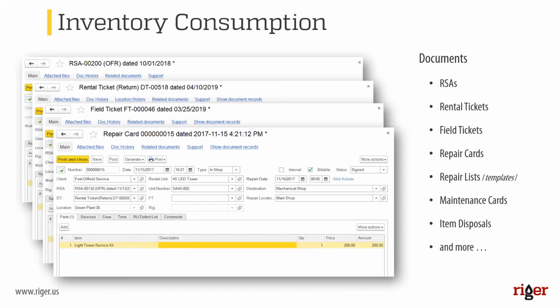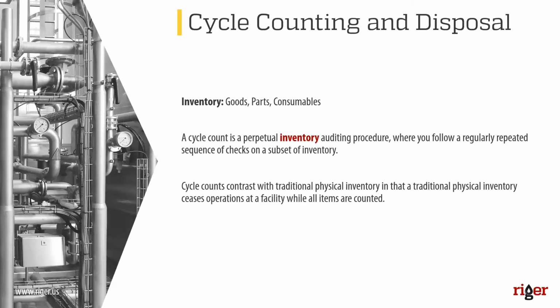The maintenance cards, the item disposals, the sales tickets, there are a lot of documents that are going to be used when consuming inventory, and these are the main ones. And as I have stated, the inventory upon consumption is going to be written off your balances. So let's move on to the next slide and talk about cycle counting.